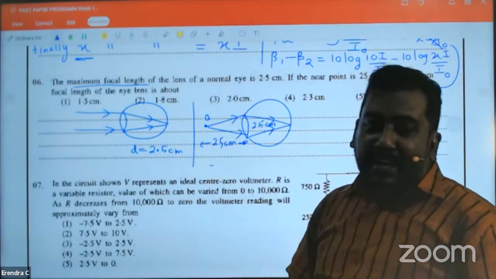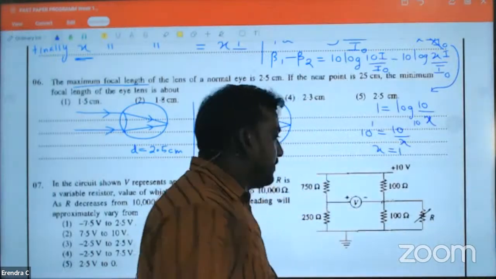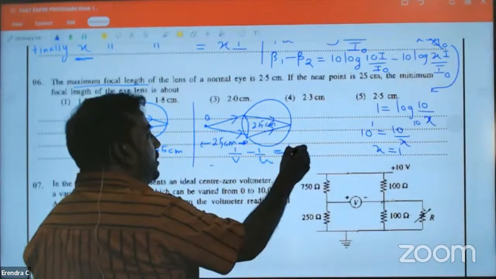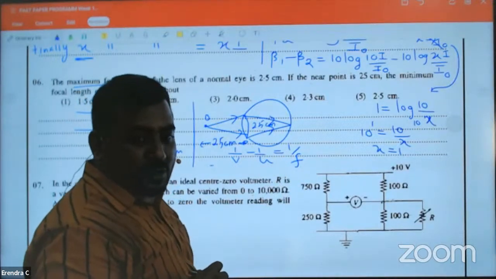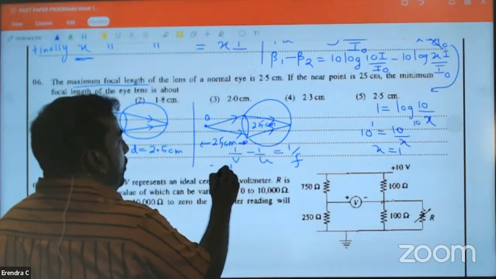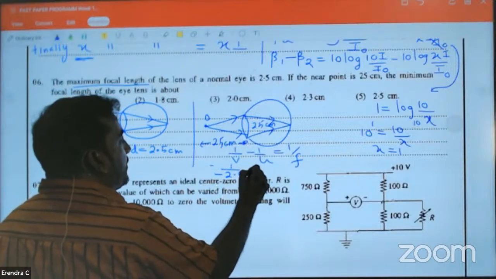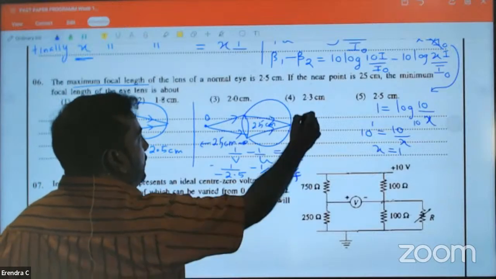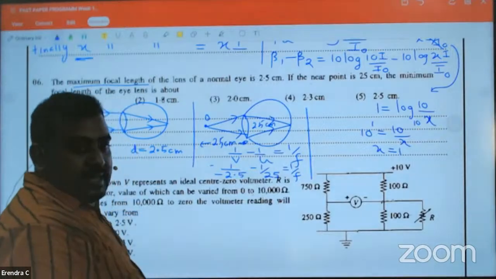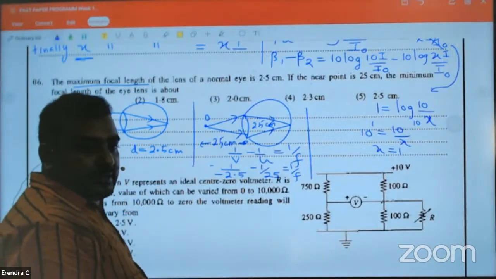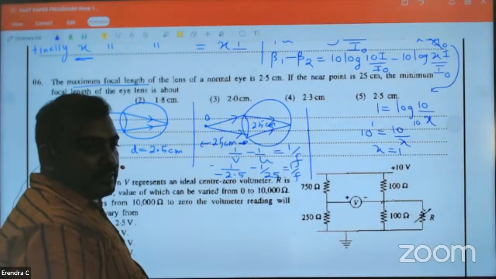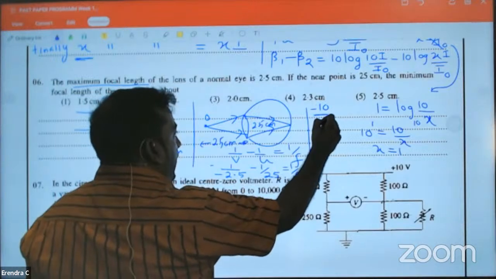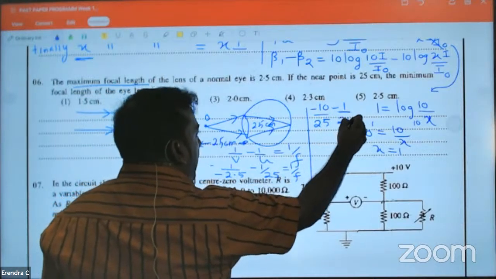Now you can apply the lens equation. Okay, no? Now you apply 1 over V minus 1 over U equals 1 over F. 1 over V is minus 2.5, 1 over U is 25, focal length is F. Simplify it. 10 over 25, 1 over 25.